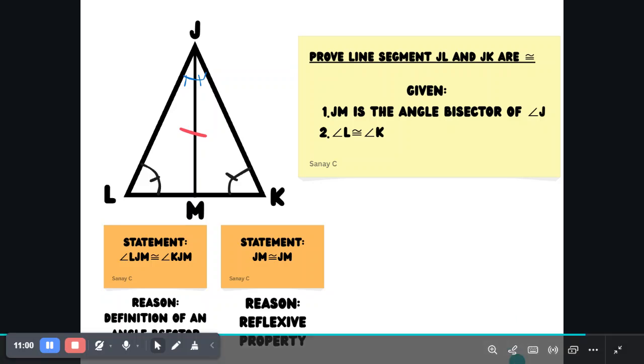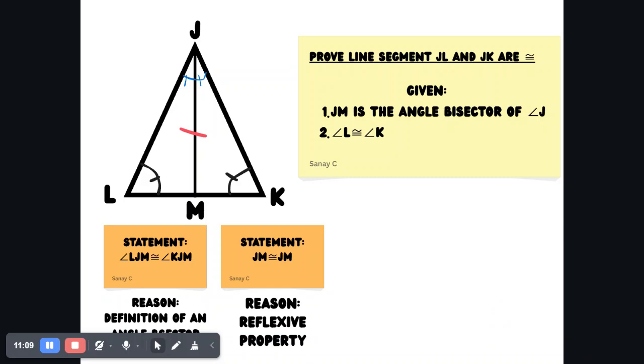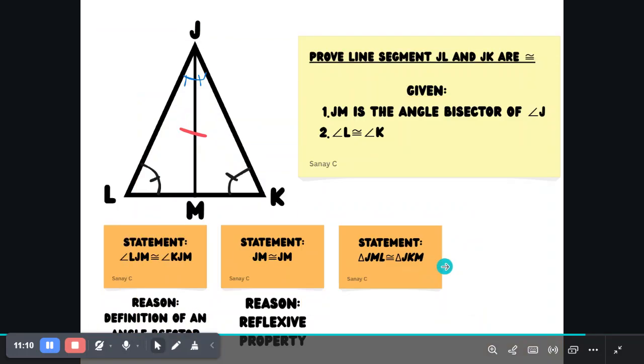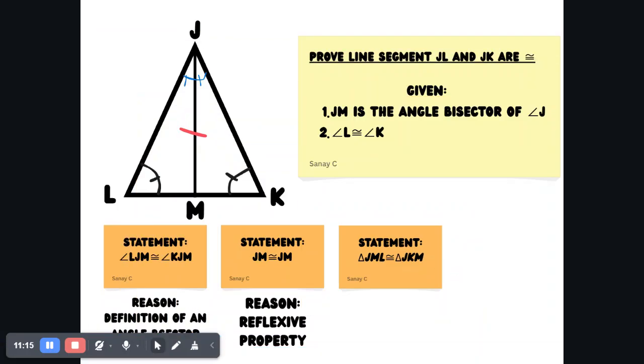Next, because we are given an angle and a side, we can prove it by AAS. We can prove that triangle JML and triangle JKM are congruent through AAS.